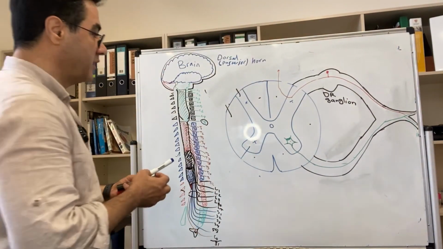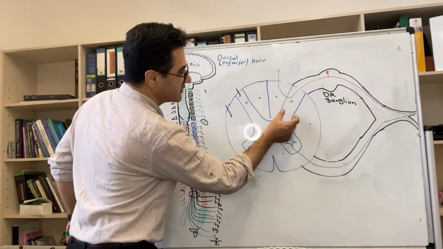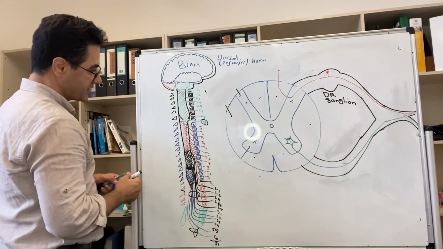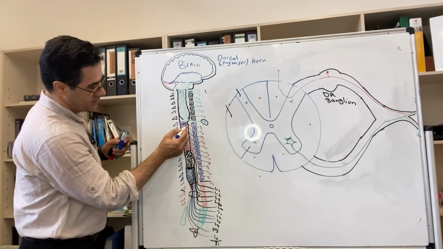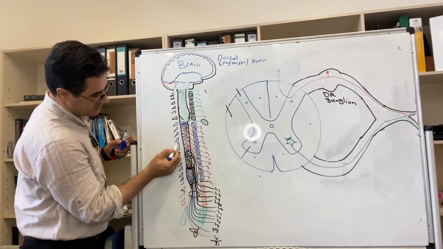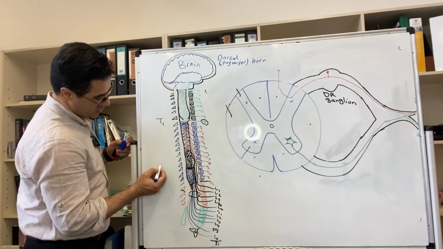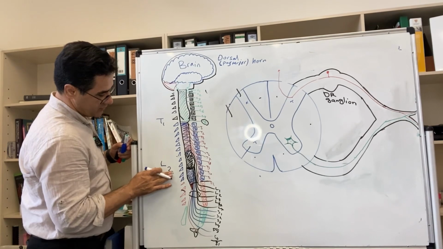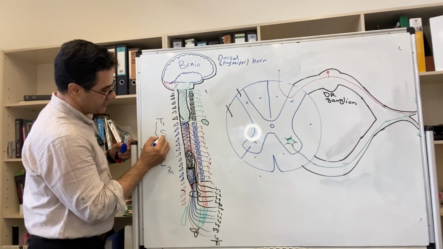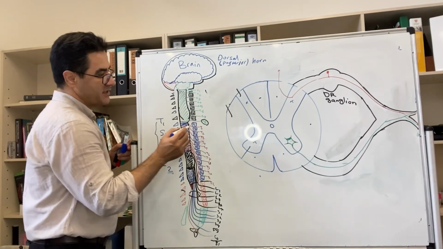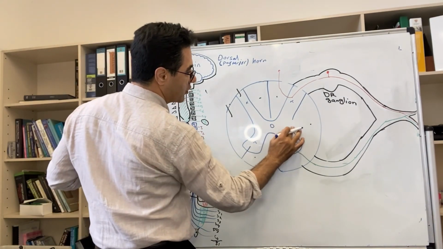So here is the ventral horn, this is the dorsal horn. In some spinal cord segments, thoracic and lumbar spine, T1 to L2 spinal segments, we have an extra horn here.